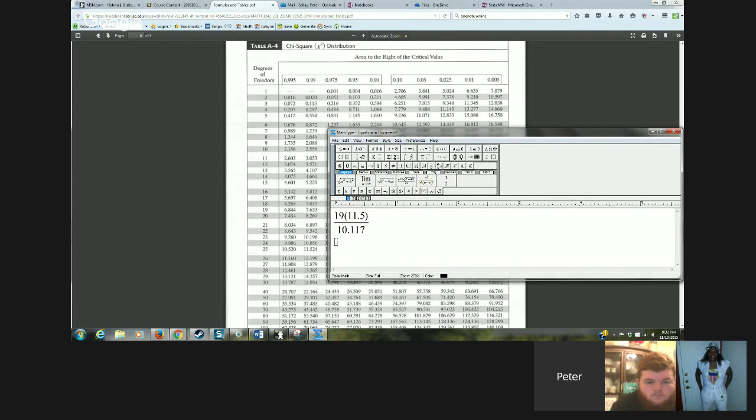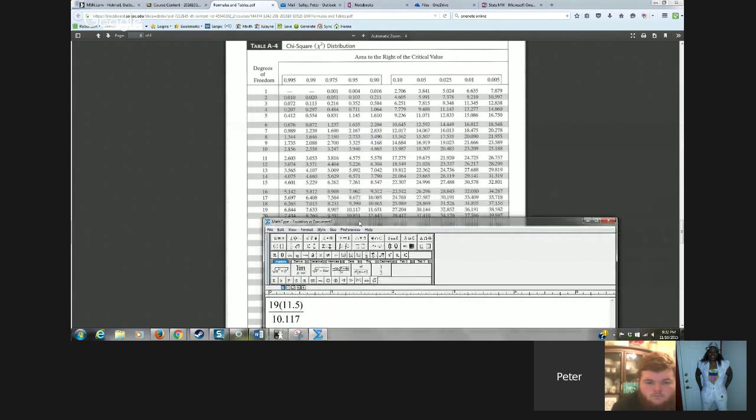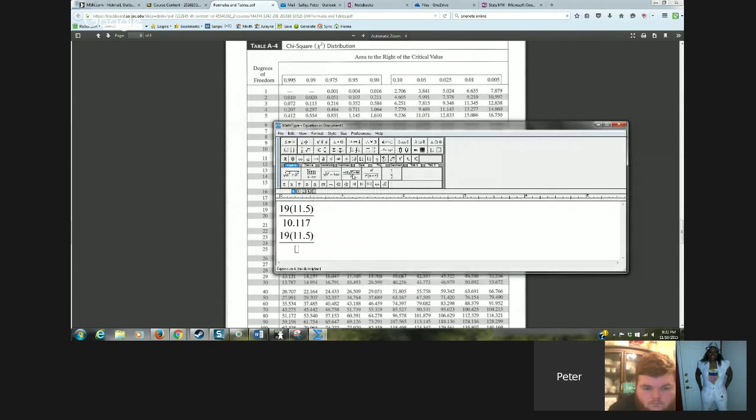That's going to be one end of our interval. And then the other end uses 30.144.